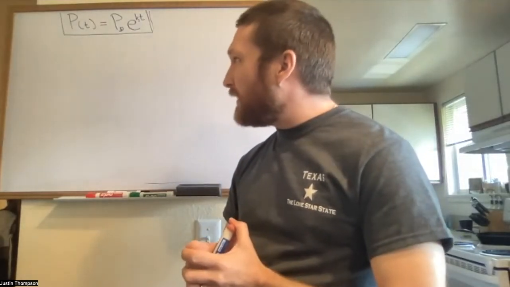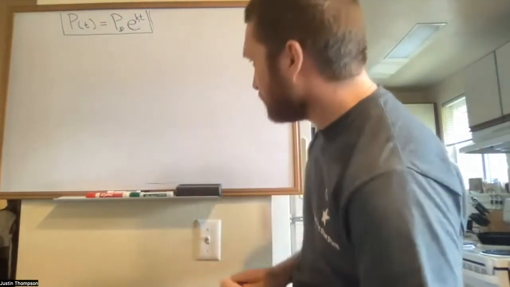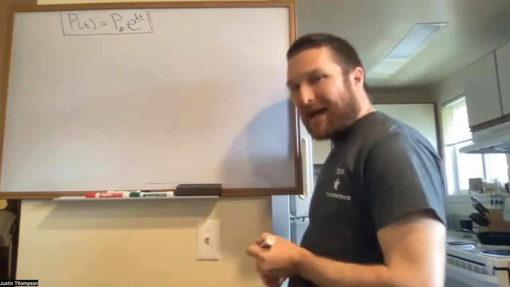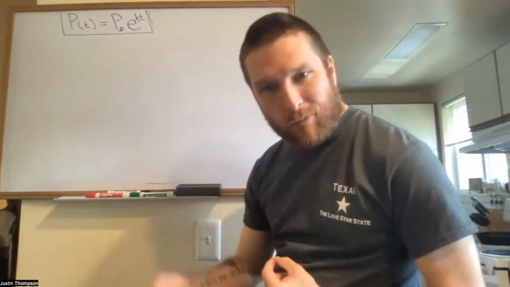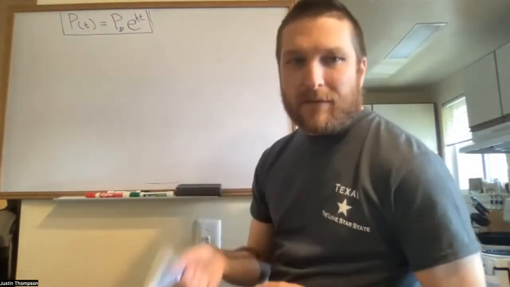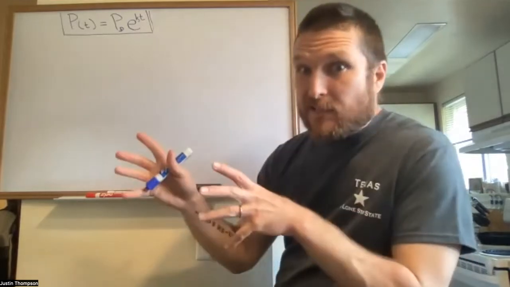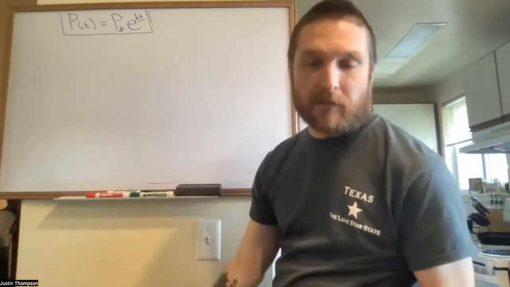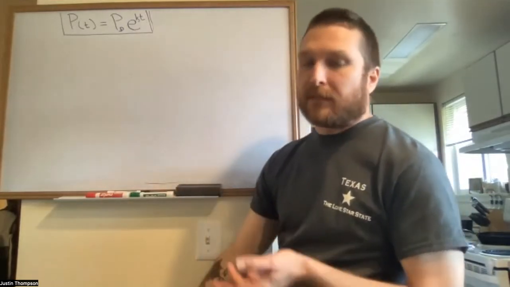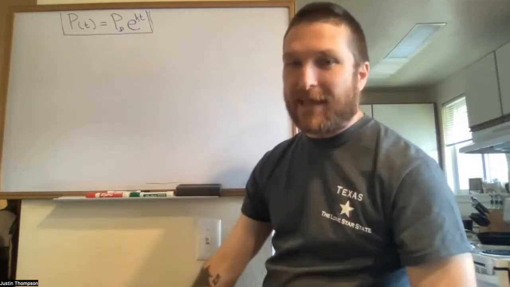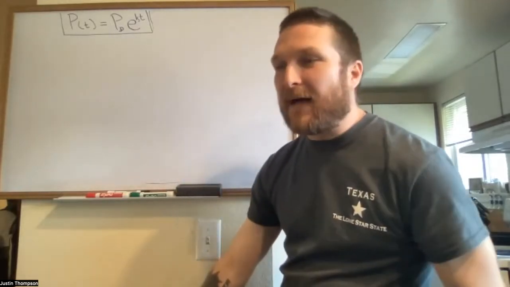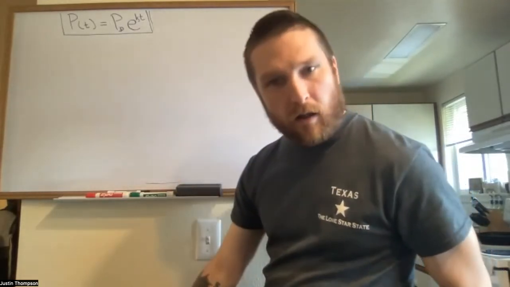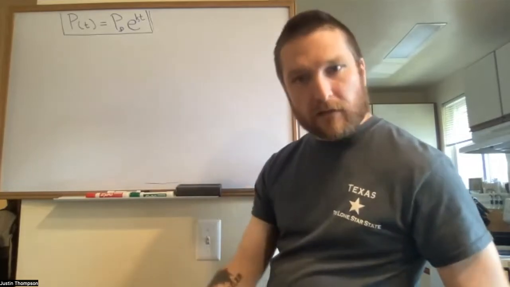And so radioactive decay, it turns out it happens at a pretty regular interval. To be able to predict it exactly, like when's the next atom going to break, is impossible. Literally impossible because of problems with quantum mechanics that we can't get into. But we could say overall, it happens fairly regularly.